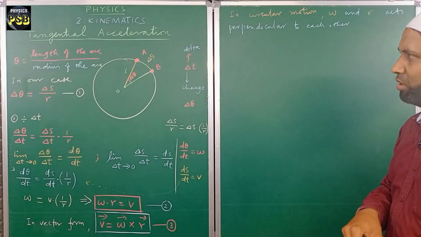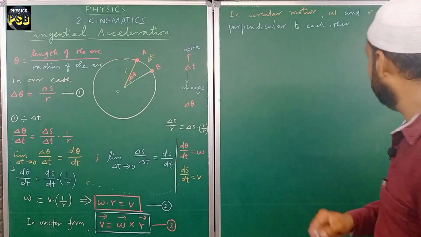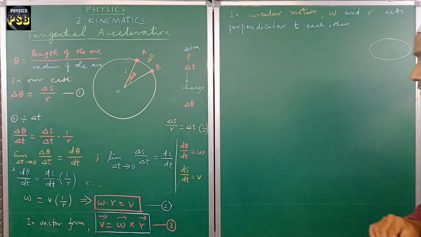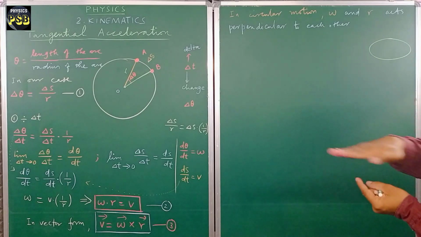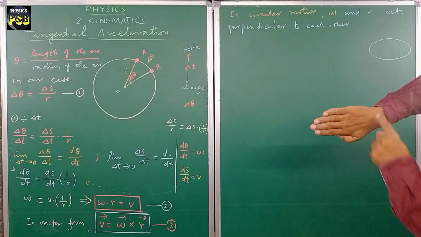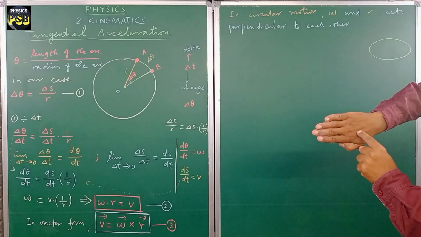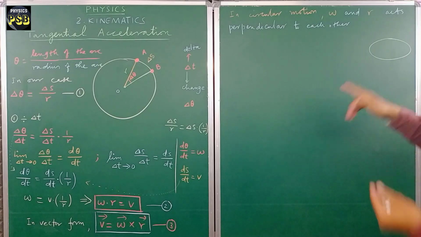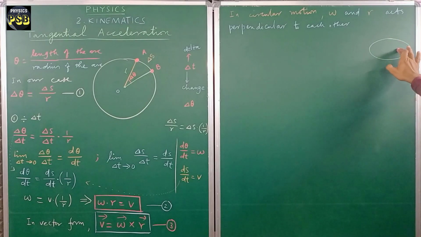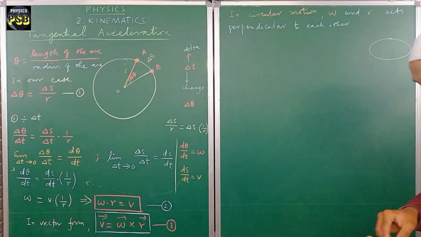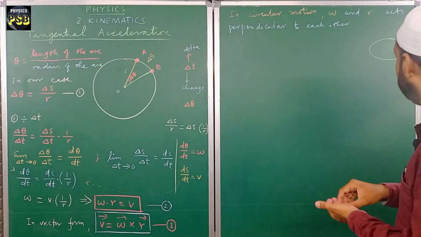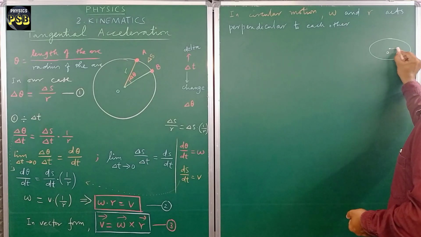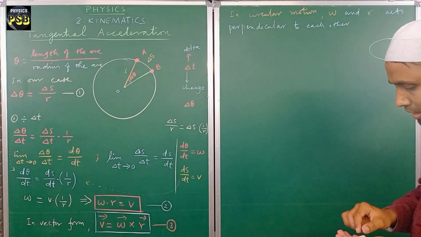Let me show this to you with the help of a diagram. Suppose this is a circular path. I have shown the circle in this plane. Clear? This is the circle, for example. When I show this circle in another plane, it appears something like this. It is not an ellipse, it is a circle in another plane. Here, this is the center of this circle. This is the radius of this circle.